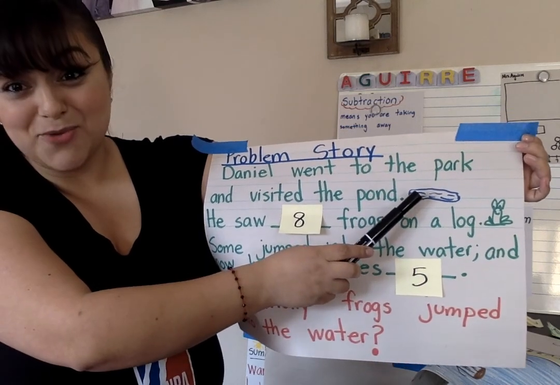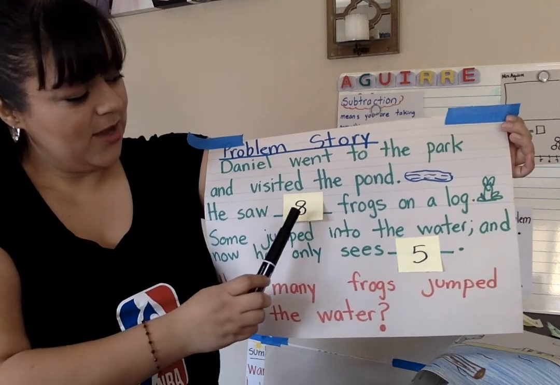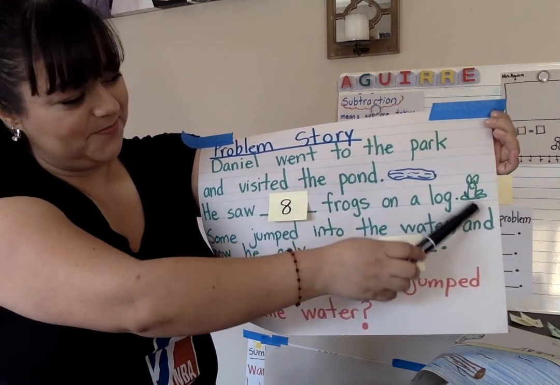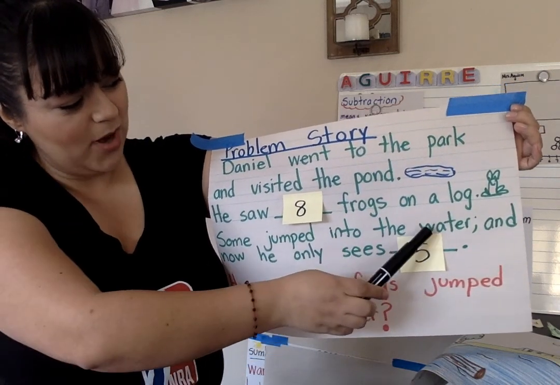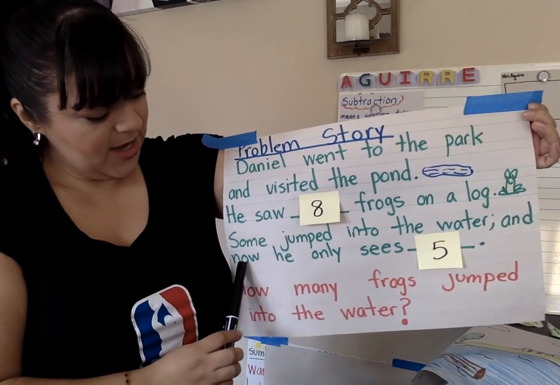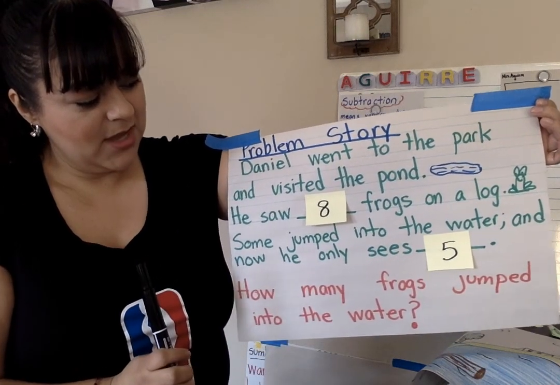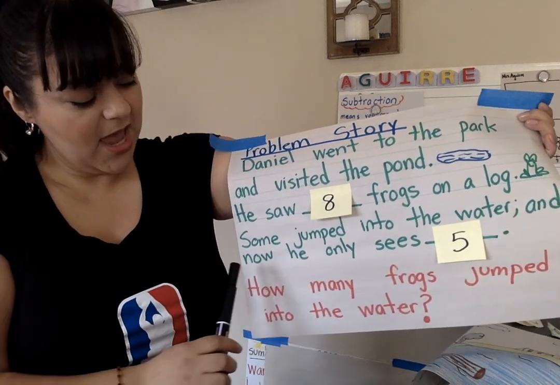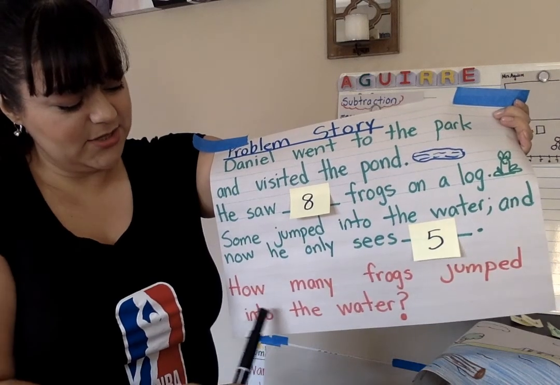So that's a body of water, remember? He saw 8 frogs on a log. Some jumped into the water, and now he only sees 5. So our question that we need to solve for today is, how many frogs jumped into the water?